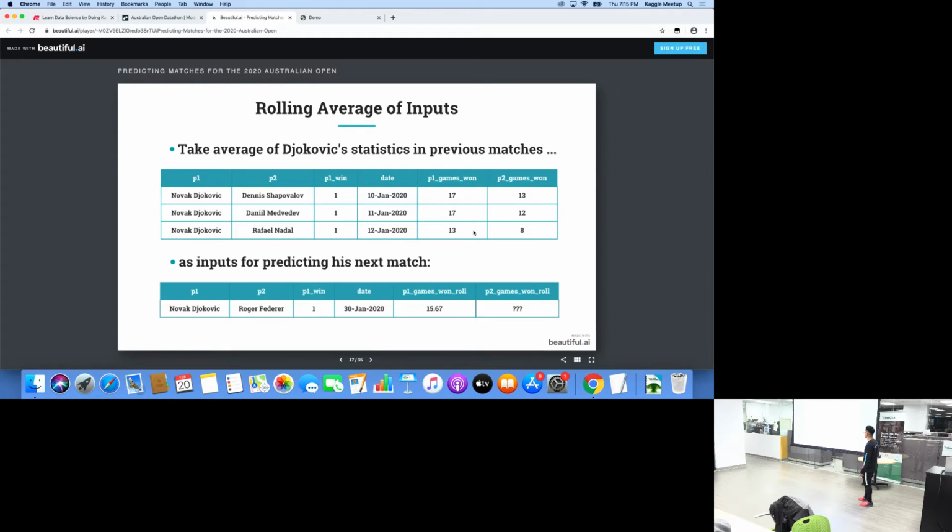You can do this for as many matches as you want. 3 is probably not enough. I found 21 to be the optimum, but that's a hyperparameter you can potentially play around with. But yeah. Yes?